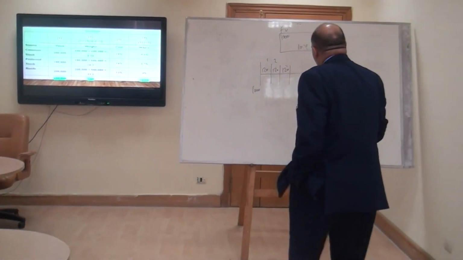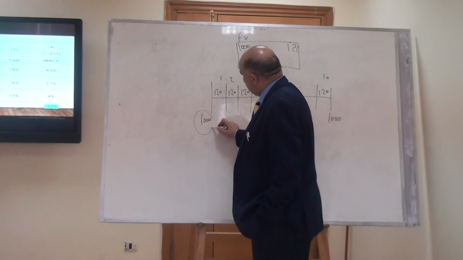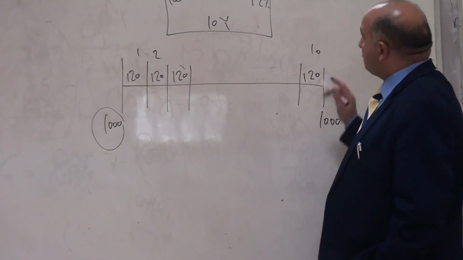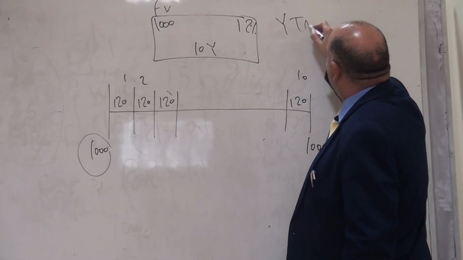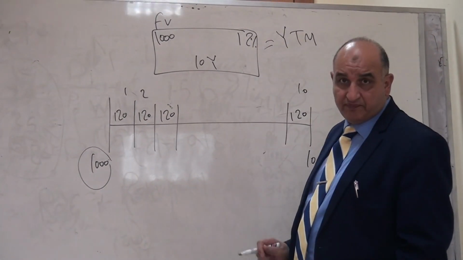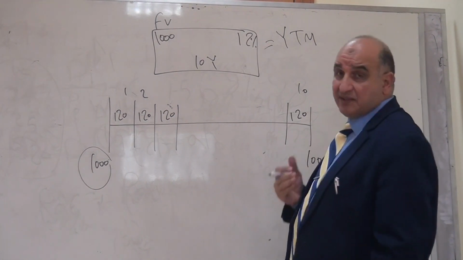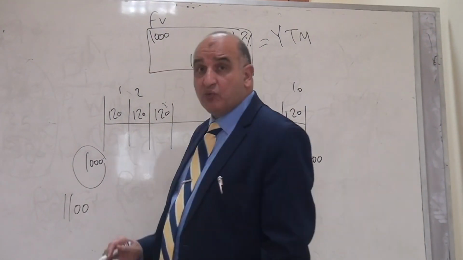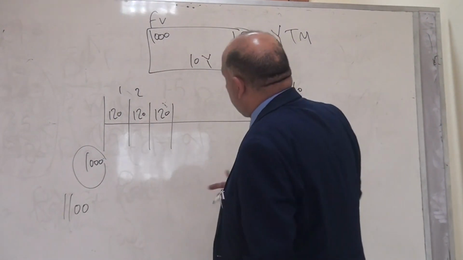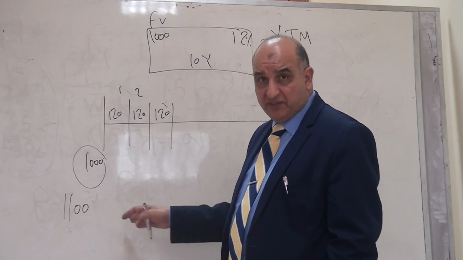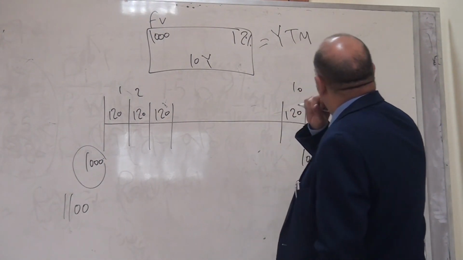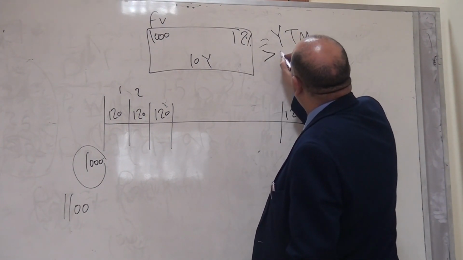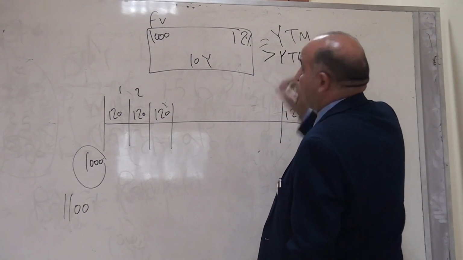If the company sells the bond at the beginning with a value equal to 1,000 and the investor will receive 1,000, then the YTM equals this value. Okay. But if the company succeeds in selling the bond at a premium with a value equal to 1,100, in this case the yield to maturity will be lower than 12%.